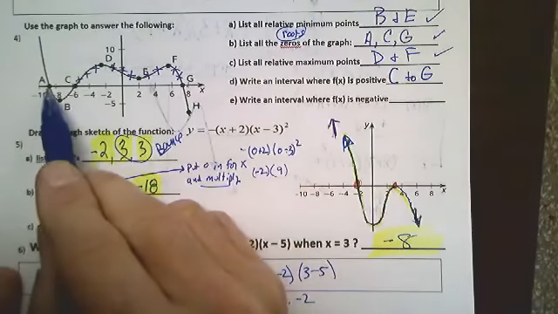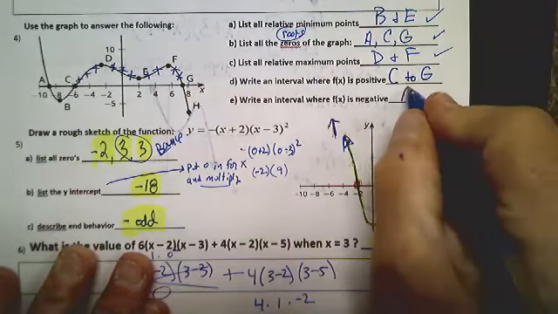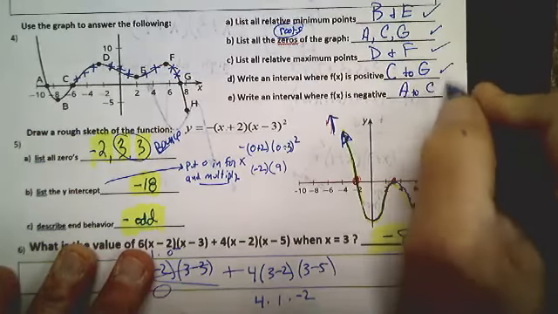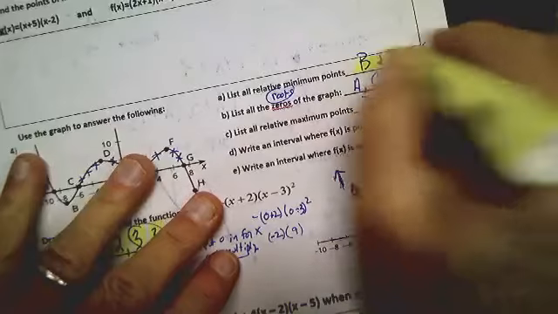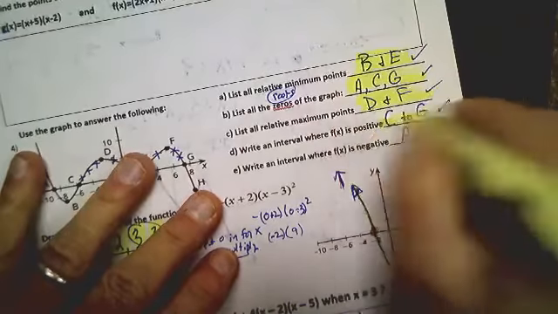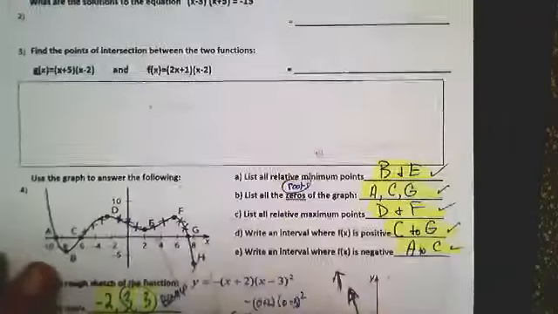It is negative right here, this little dip, A to C. Check. Well done. All right, let's bump her up to number 2.